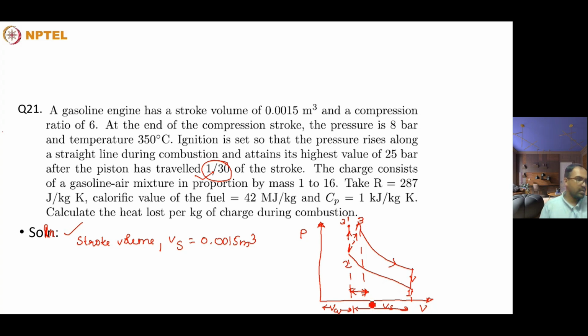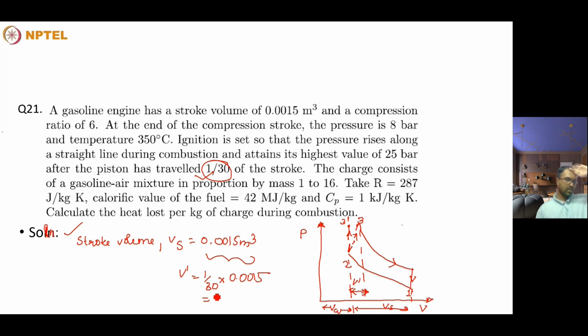In this particular problem, in terms of meter cube, Vs is equal to 0.0015, and this V dash is equal to 1/30th of 0.0015.